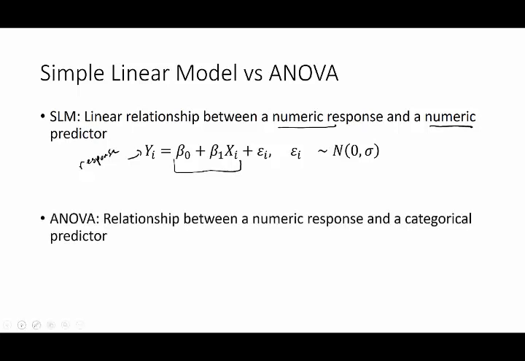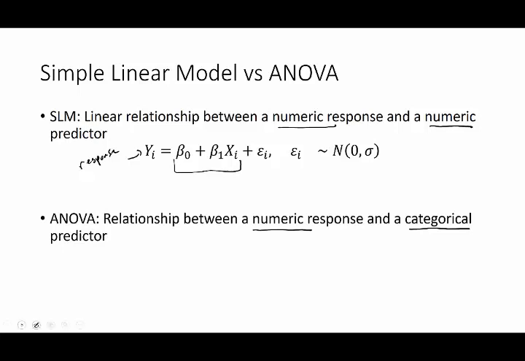The ANOVA framework is slightly different in the sense that now we have a numeric response, but we have a categorical predictor, right? A categorical predictor that could be the group number in our first experiment or the location in our mosquito experiment.